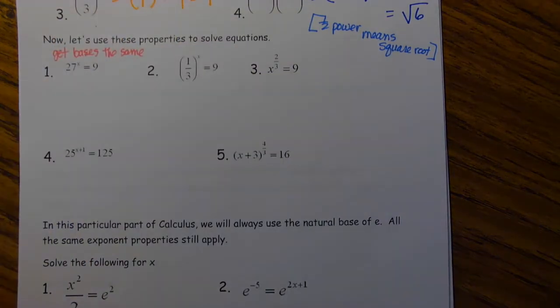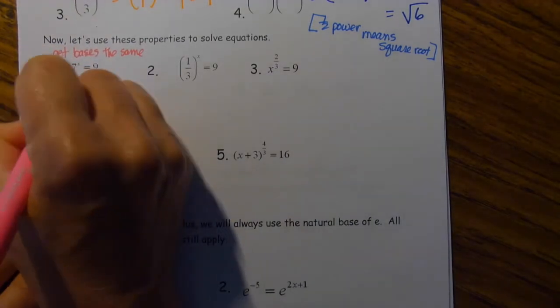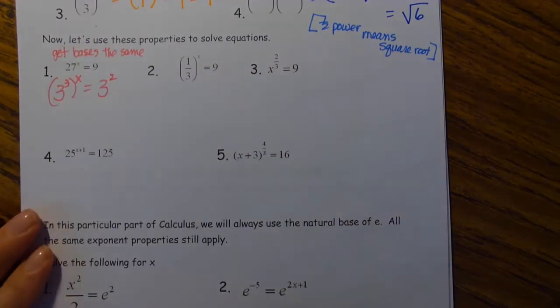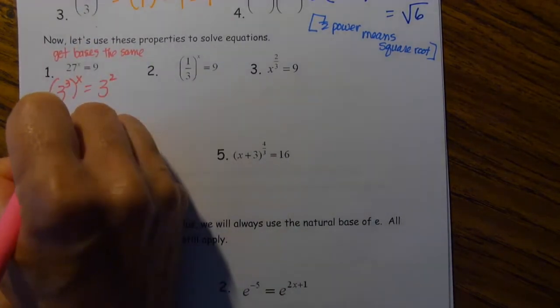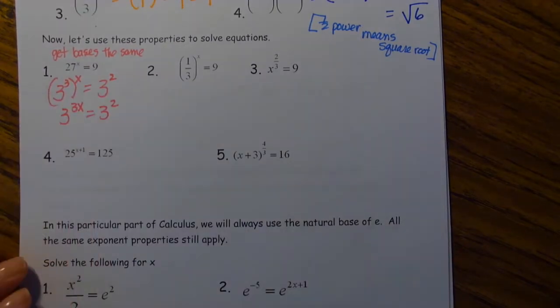Can 27 and 9 both be written as a number to a power? Yes. 27 is really 3 cubed, correct? 9 is 3 squared. So this is really 3 to the 3x equals 3 squared.